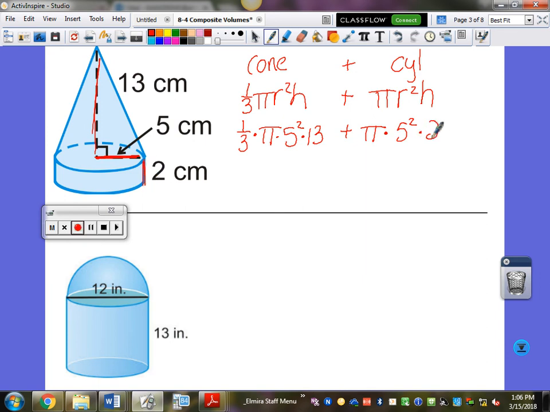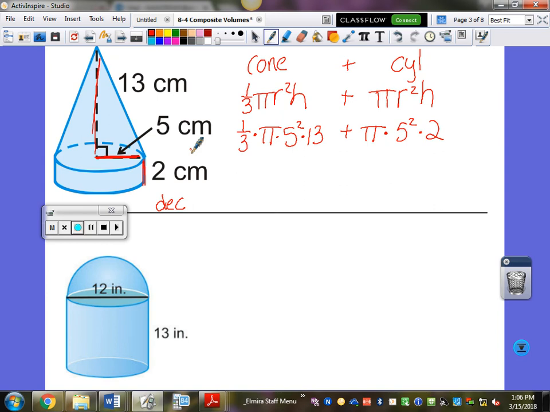Now this one I'm going to answer in terms of a decimal, which means I'm going to type everything in, including the pi. So 1 ABC 3 times pi times 5 squared times 13 plus. A lot of people get really into typing the multiplication sign, and they just keep using that one.